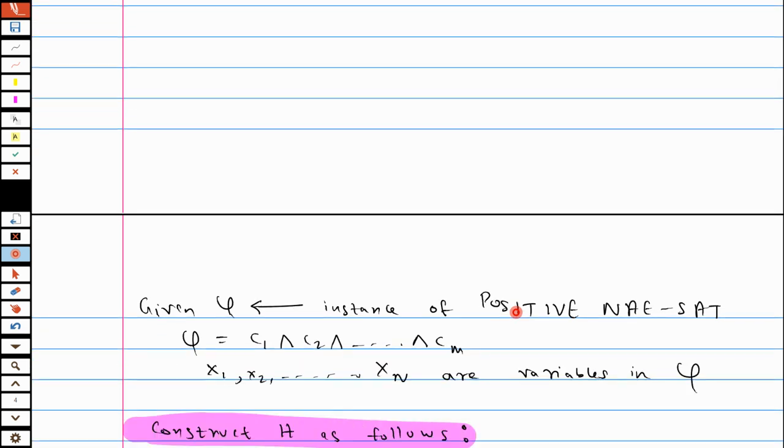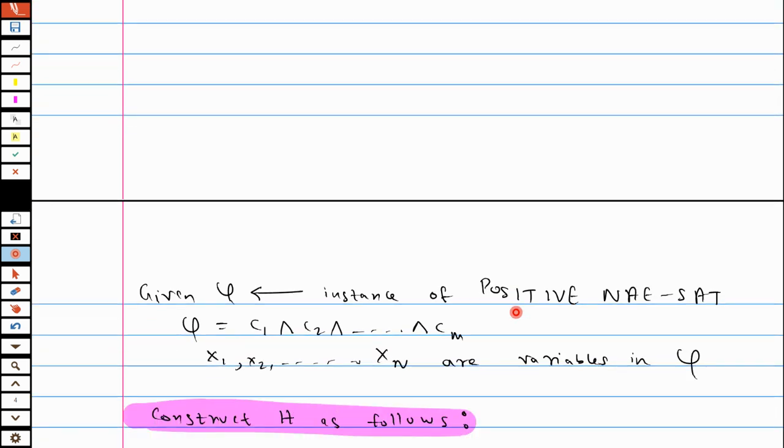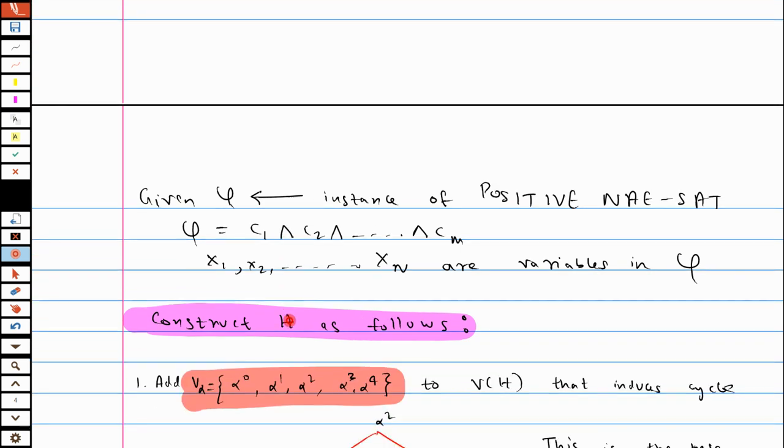So basically we are given phi, an instance of positive NAE-SAT, and let's say the CNF formula has clauses C1 till Cm, and x1, x2, till xn are the variables. All these variables appear only in positive form. So we can construct H as follows.